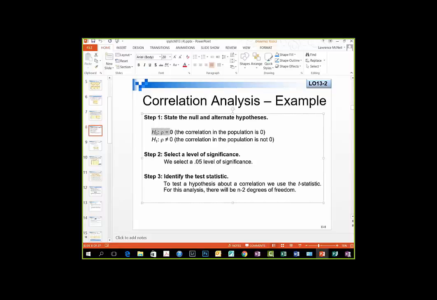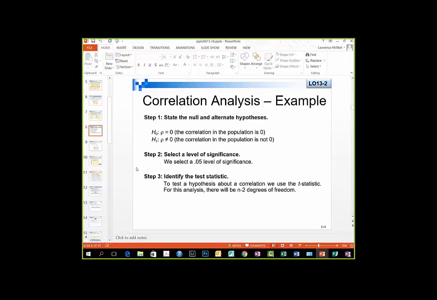This null hypothesis is rejected, and we are not rejecting, okay? We are not rejecting because if you don't reject, then you like something, you prefer something. We are not rejecting the rho being not 0, because it is 0.865. It is not 0.